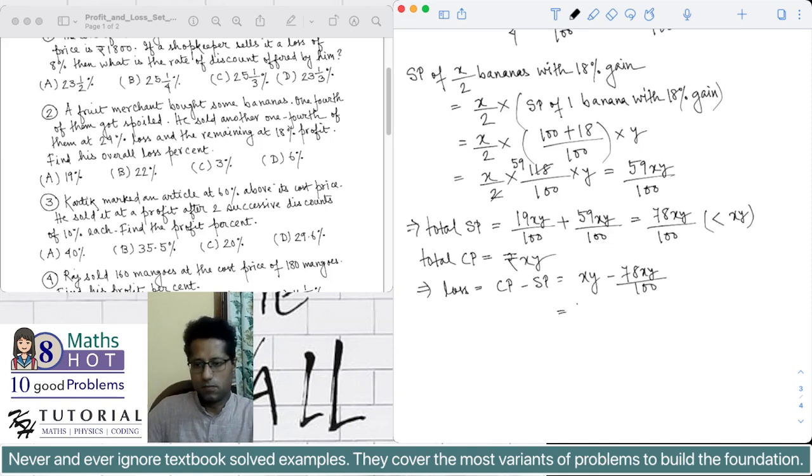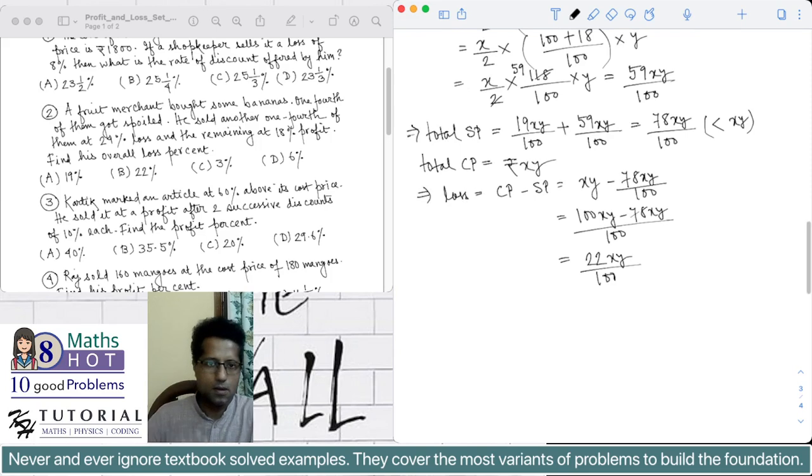This is equal to 100xy minus 78xy divided by 100, which is 22xy by 100. This is the loss. We have to find the overall loss percent. So loss percent is equal to loss by cost price multiplied by 100.